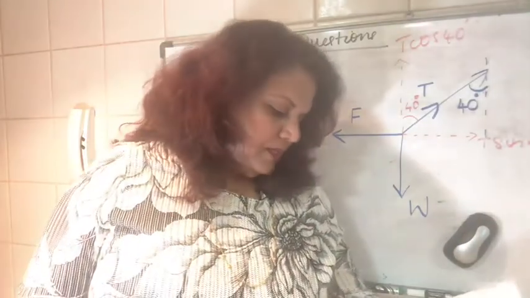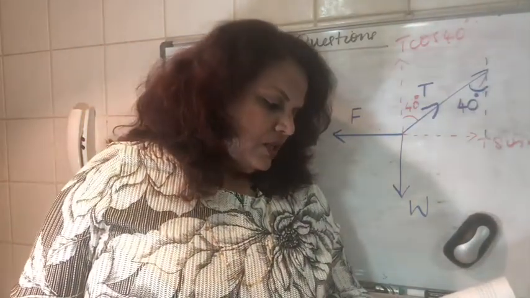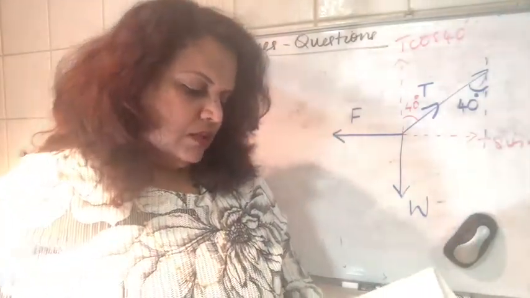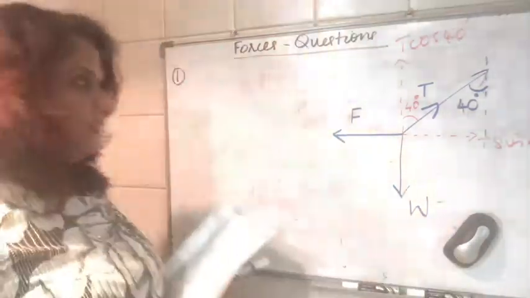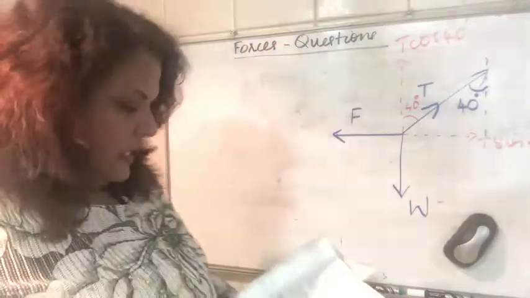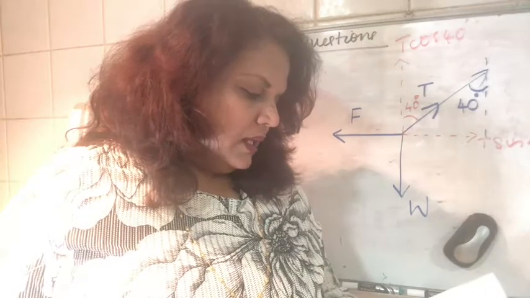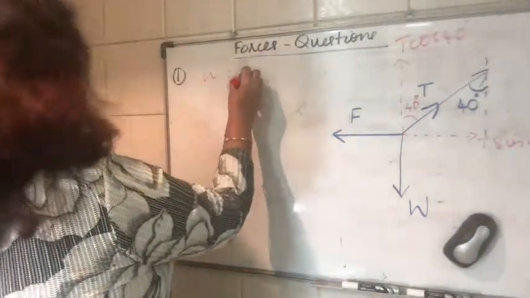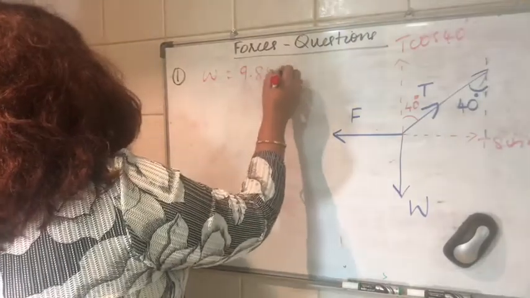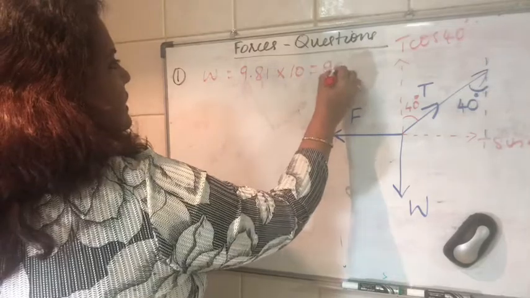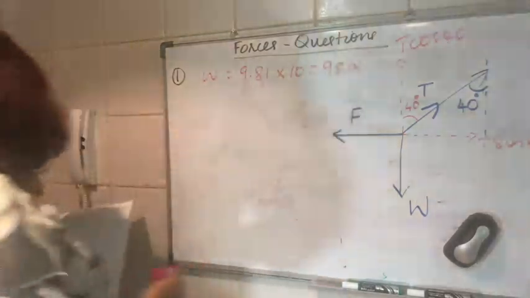Now part B is, use the conditions for equilibrium in the vertical plane to show that the value of T is about 130 Newton. Now the mass of the object is given as 10 kg. So what will be its weight? W is equal to 9.81 into 10. So you'll get 98.1 Newton.